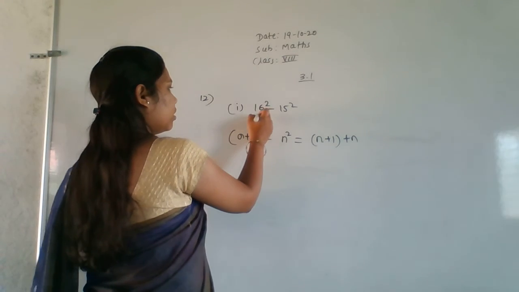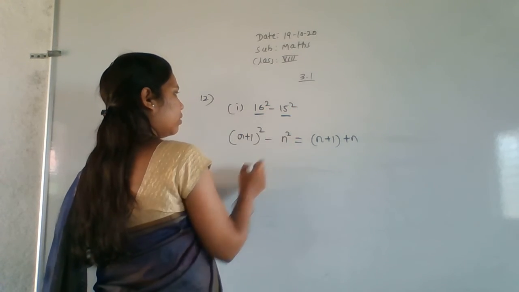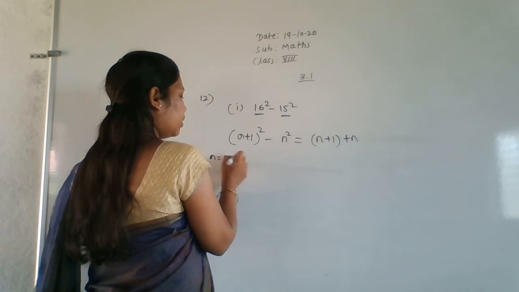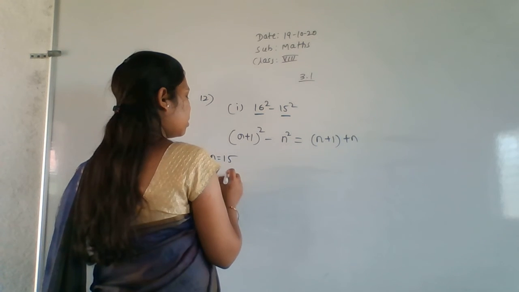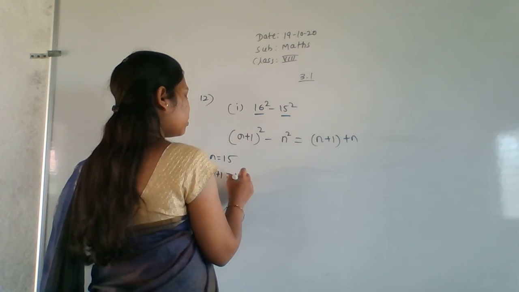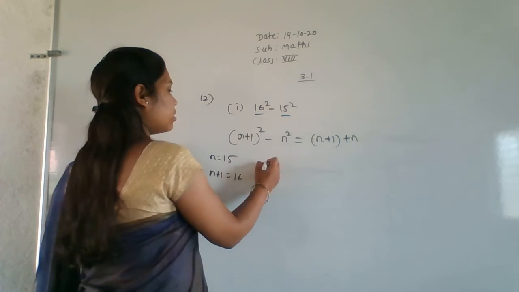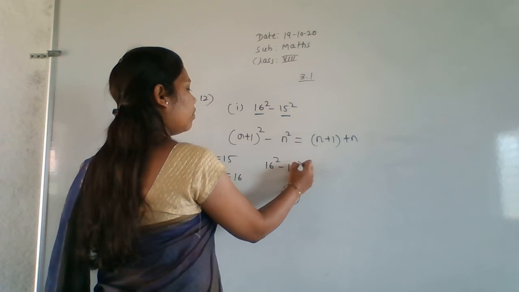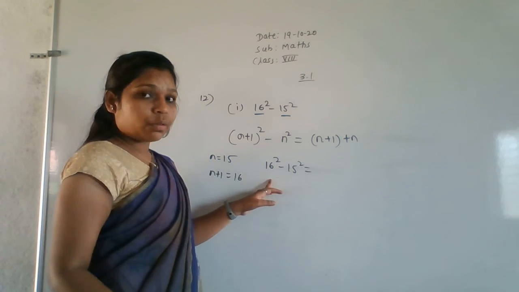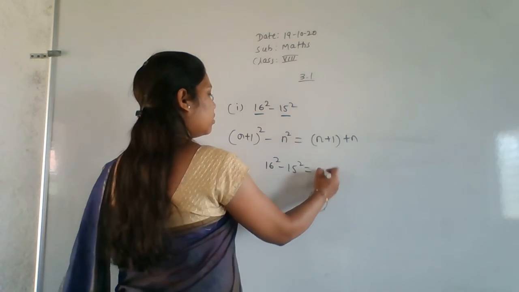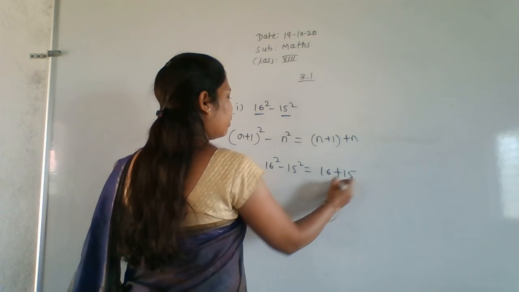Here these are 16 and 15. So n is equal to 15 here, right? And n plus 1 is nothing but 16. Without squaring those numbers, we have to find the answer. That is 16 plus 15.